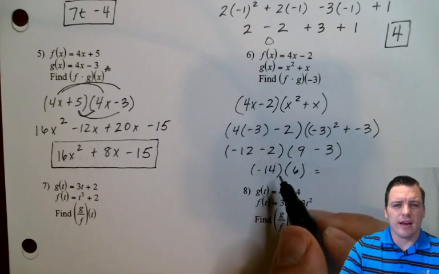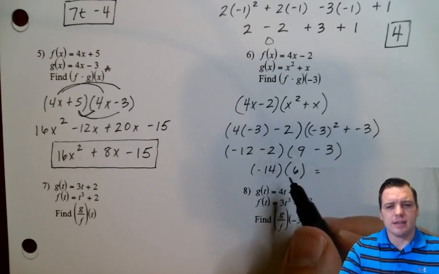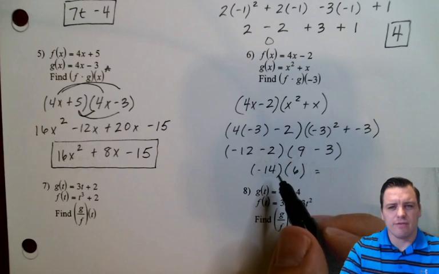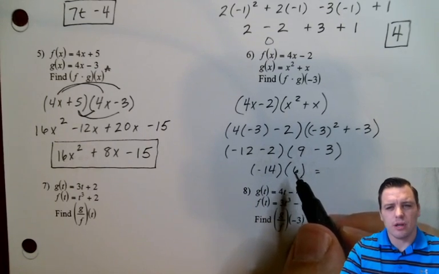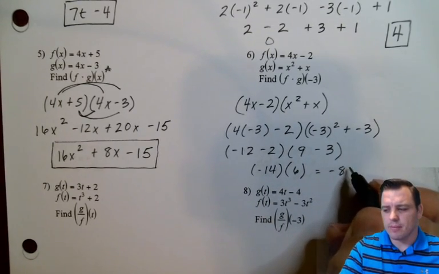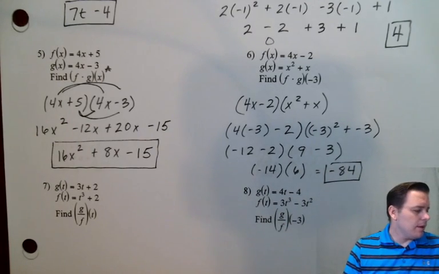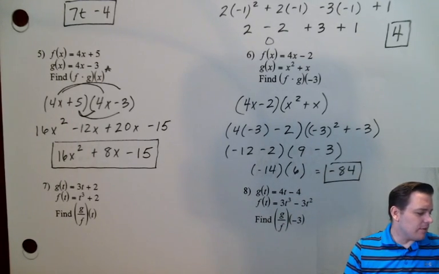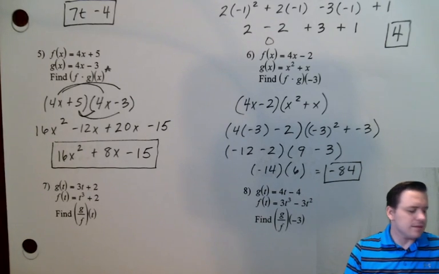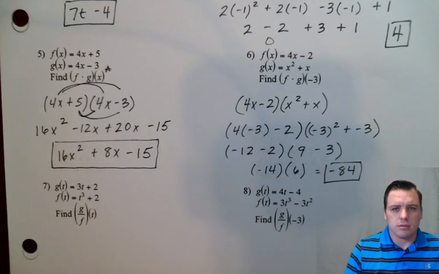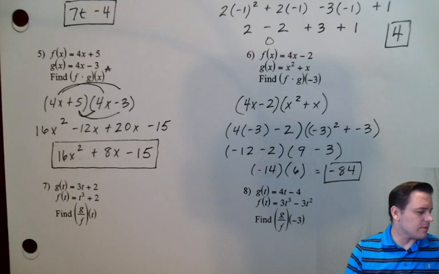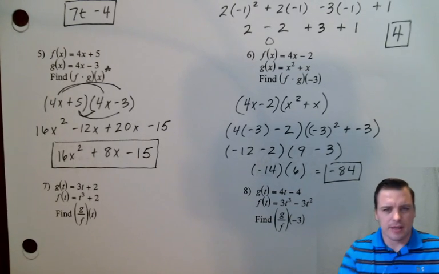Then therefore, -14 times 6, well, 10 times 6 is 60. 4 times 6 is 24. So it should be -84. Confirm that with a calculator real quick. 14 times 6 is 84, and it's going to be negative.